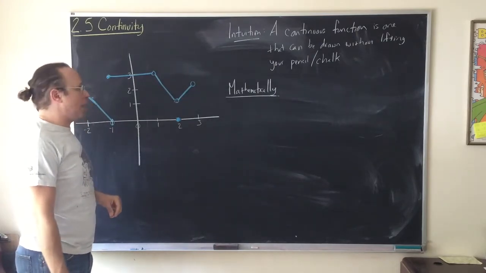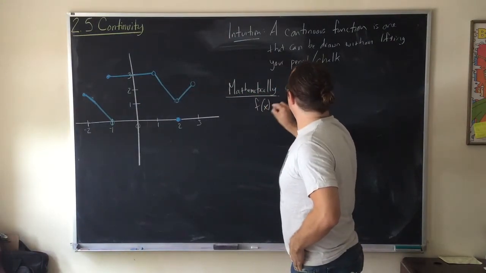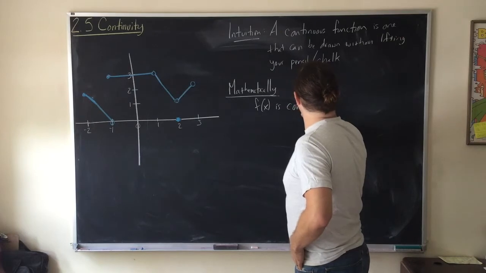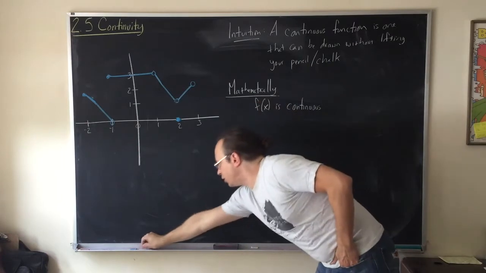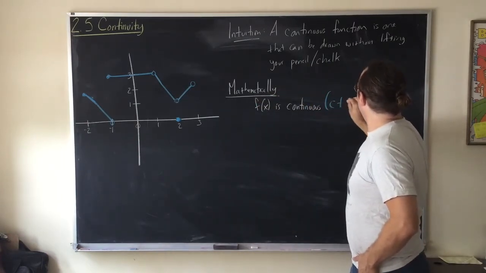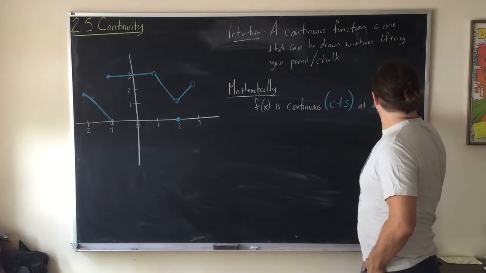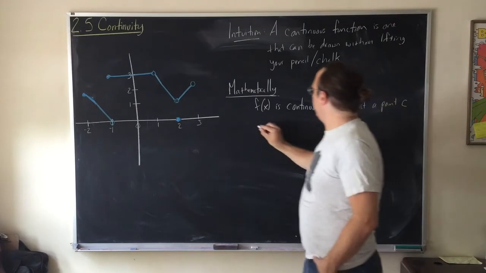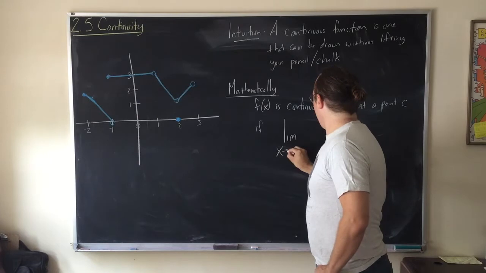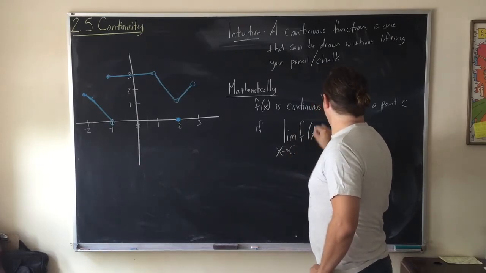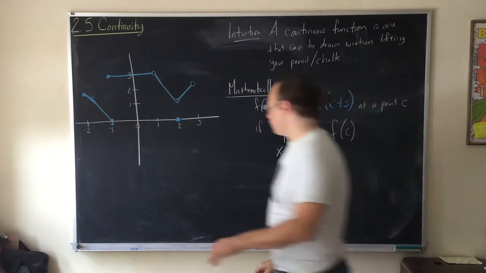Mathematically, this can be expressed quite simply as: a function f of x is continuous, and I usually use the abbreviation CTS for continuous, at a point c if, and here it is, the limit as x approaches c of f of x equals f of c.